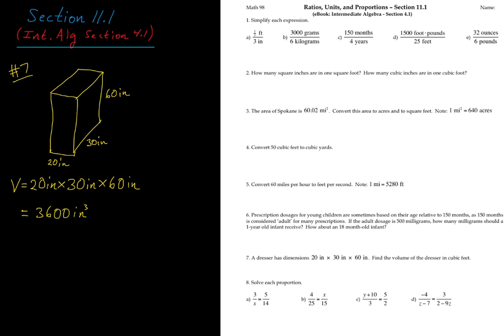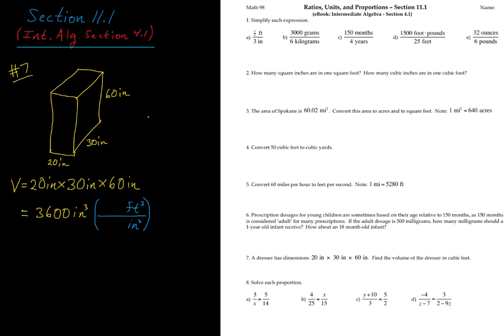So then what I could do, I could go over here and say, well, wait a minute, remember we, back in question 2, figured out how many cubic inches are in a cubic foot, right? So here, I'm going to go ahead and set up this conversion factor. I have inches cubed right there, so I'm going to put inches cubed down here and cubic feet up there.